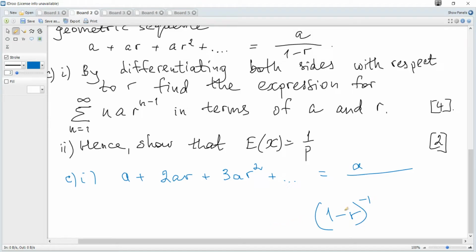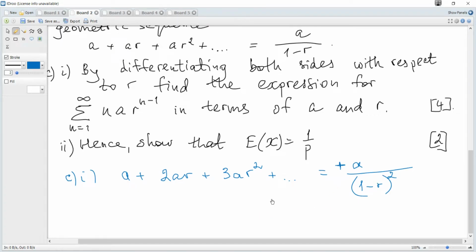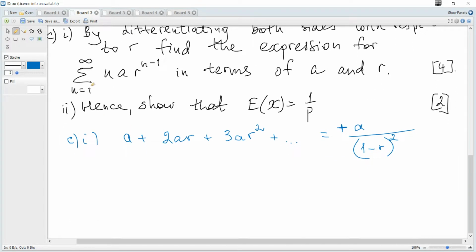We use the same rule as for x to the power of n, so it becomes negative 1 1 minus r to the power of negative 2, which is squared in the denominator, and this derivative 1 minus r derivative is just negative 1, so negative 1 arises, minus minus it's plus, so it becomes a over 1 minus r squared.